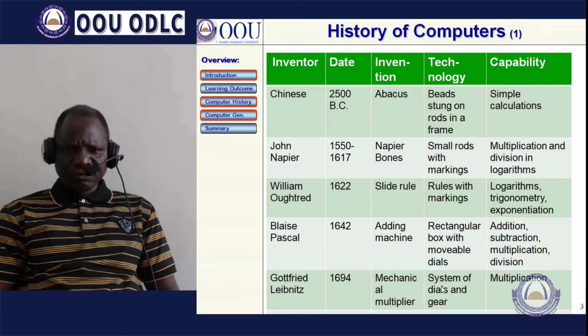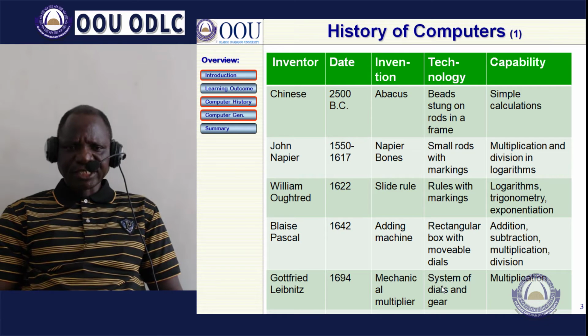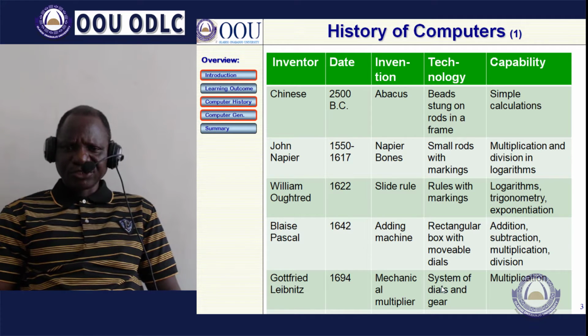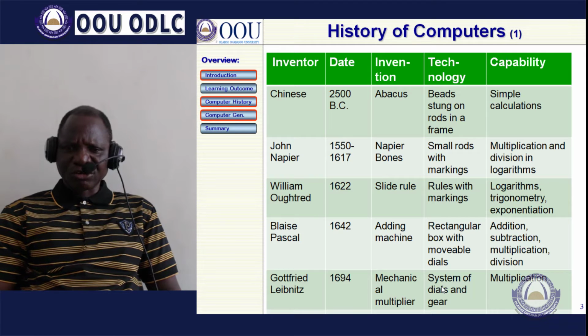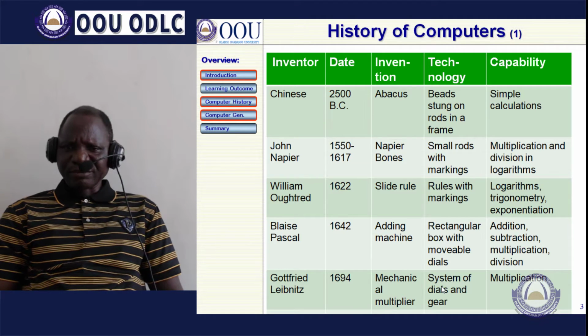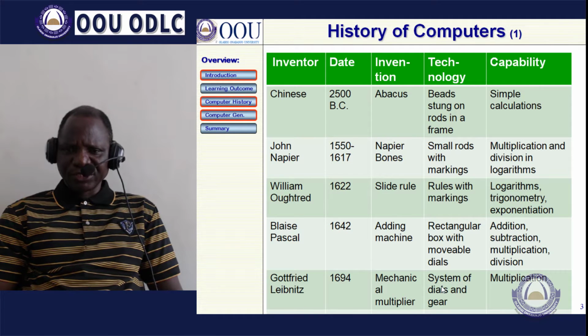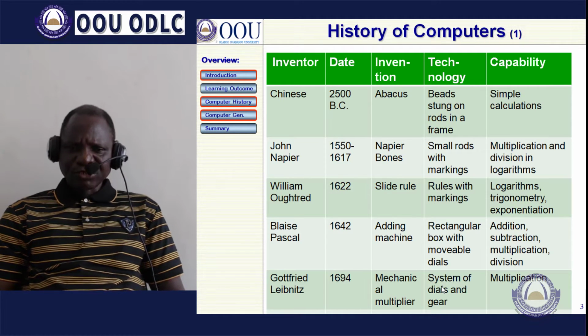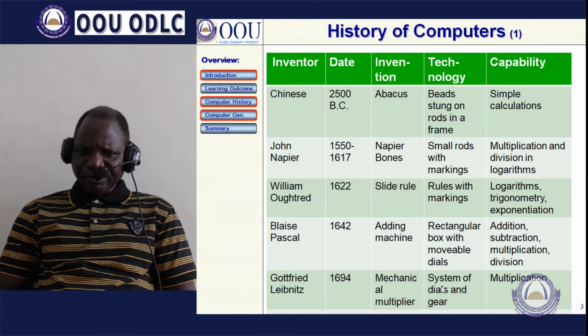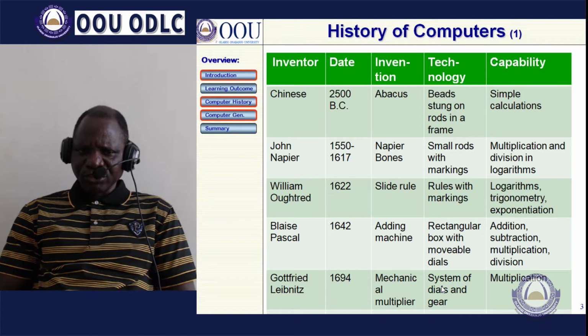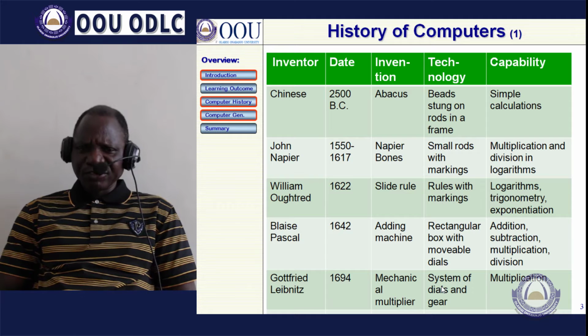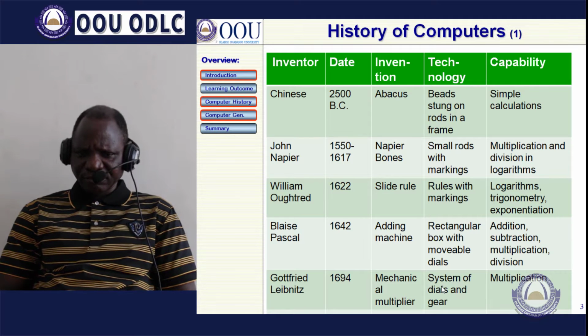Going by this table, we start with the Chinese abacus, which was invented around 2500 BC, named abacus. The technology consisting of beads strung on rods in a frame, with the capability of being able to undertake simple calculations. This was followed by Napier bones, invented by John Napier around 1550 to 1617.